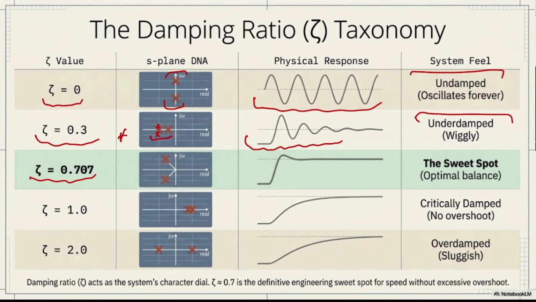At this point, I do have the imaginary part, which is considerable, and these poles are going to be like this. So you can see that I do have a little bit of oscillation, but my whole system is dominated by what? By my real poles. And real poles mean that they're trying to reach the steady state so fast. So this is the optimal balance between oscillation and reaching the steady state condition.